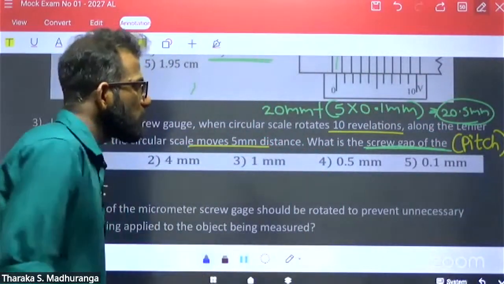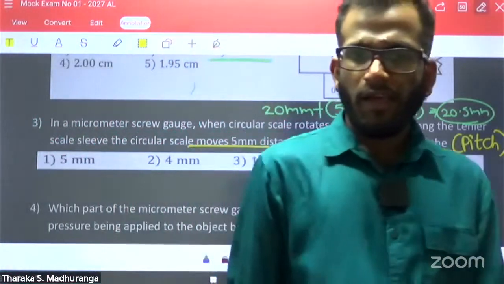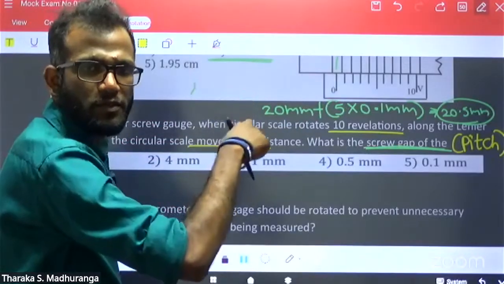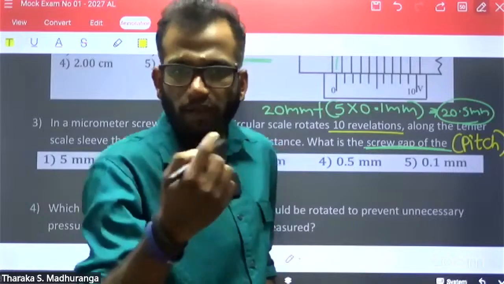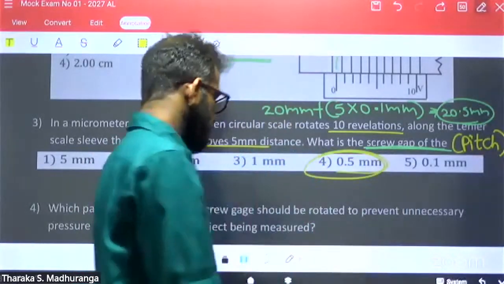Within 10 revolutions, 5 millimeters. Then within one revolution, how do we get it? 5 divided by 10, it is 0.5 millimeter. Answer number 4, very simple.